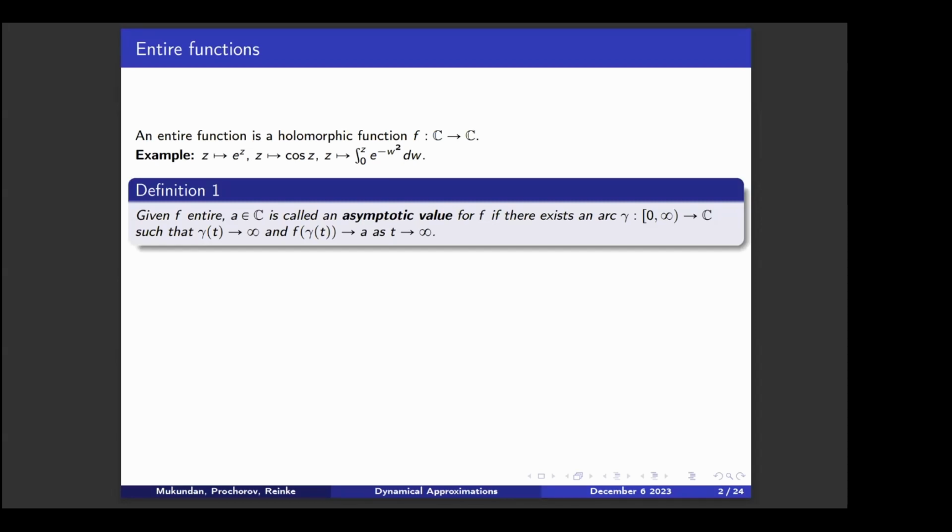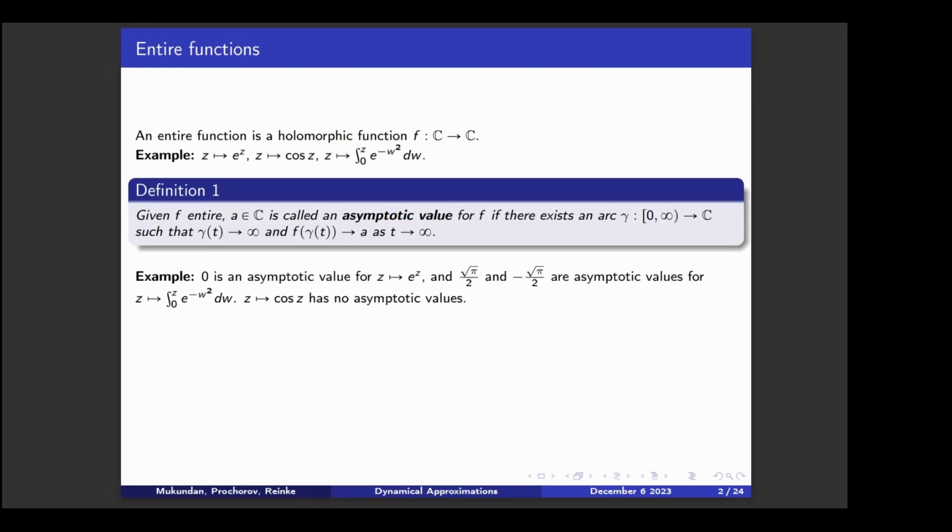We'll also define an asymptotic value to be a value a in the plane such that there exists some arc gamma which goes to infinity, but the image of that arc goes to a as the t parameter goes to infinity. Some examples include 0 for e to the z.